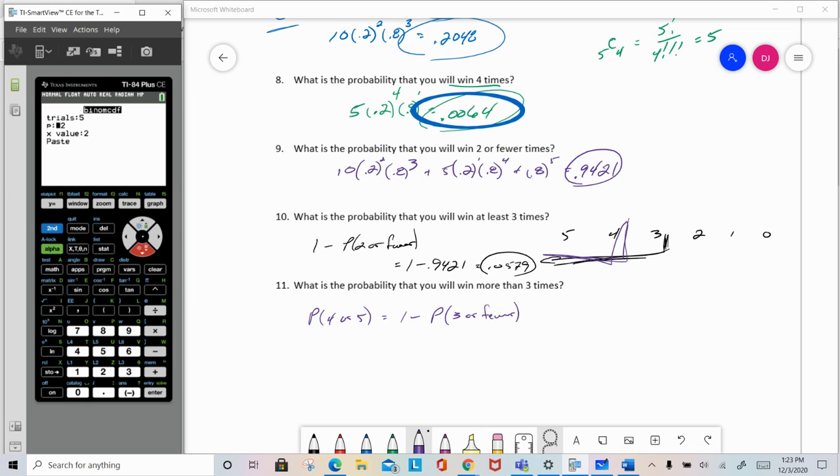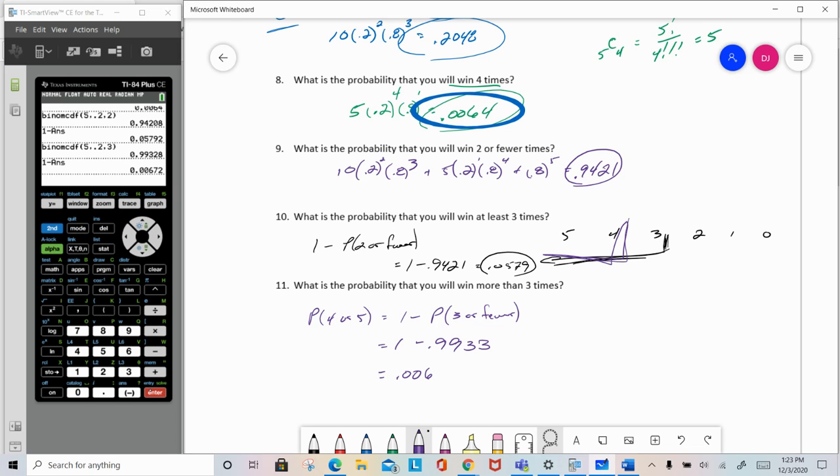So, 5 trials, 0.2 is the probability of winning, 3 or fewer. The CDF is or fewer. That's going to be 1 minus 0.9933, which is going to be 0.0067. So the probability that I win 4 or 5 times, more than 3 times, is 0.0067.